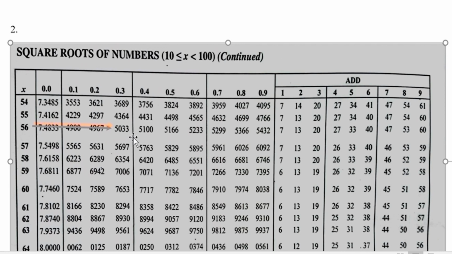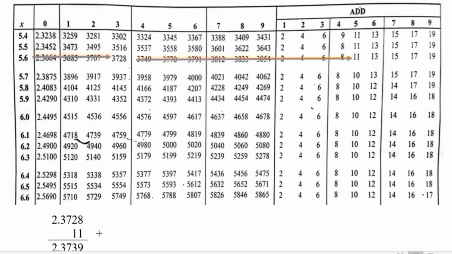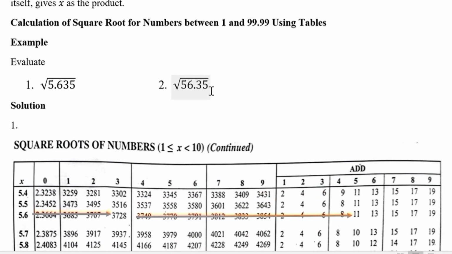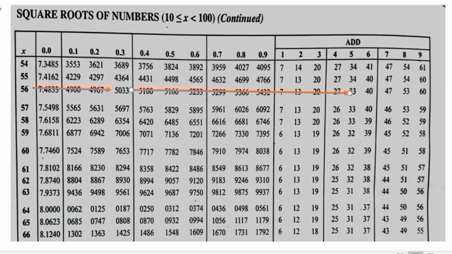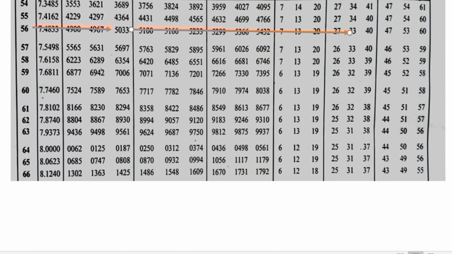7.5033. And then the last digit 5 will be looked for here, and if you look for it, you will get it here. The intersection of this and 56 will give us the number to add to this one, and that is 33. So the square root for this number will be 7.5033, the one we read from here, plus 33.